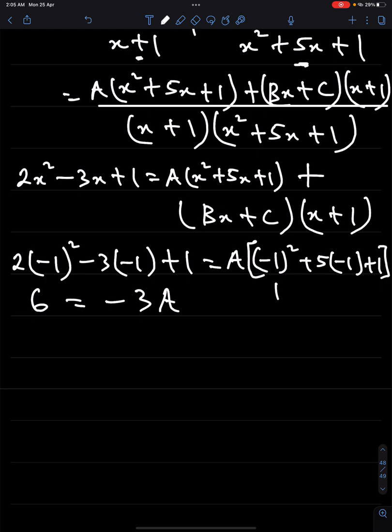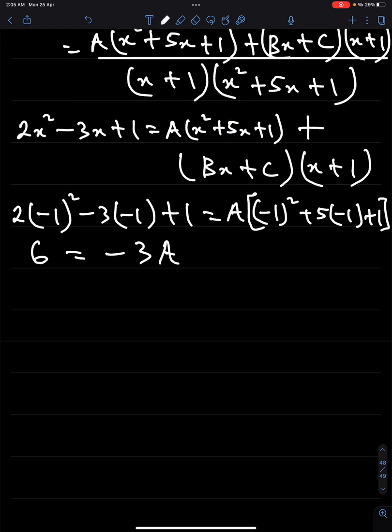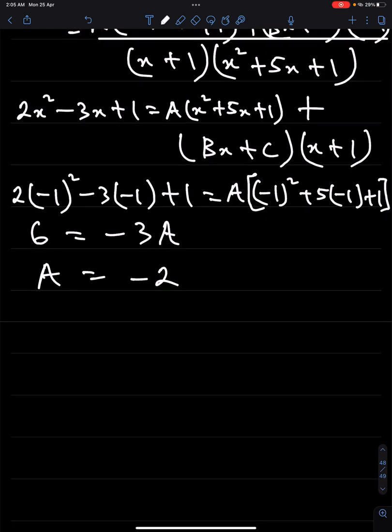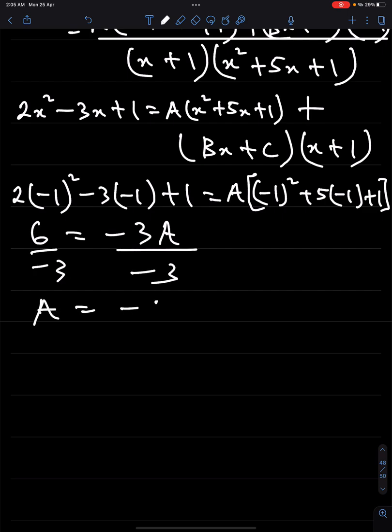So a equals 6 over minus 3, which is minus 2. If I divide both sides by minus 3, a will be equal to minus 2.